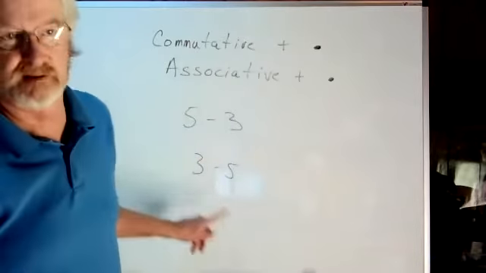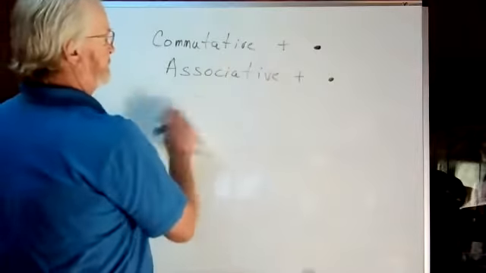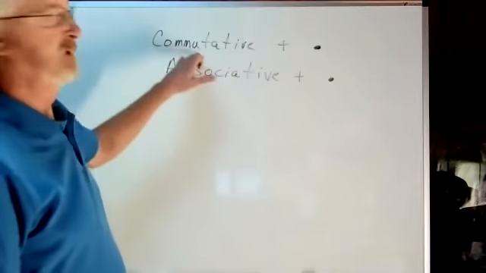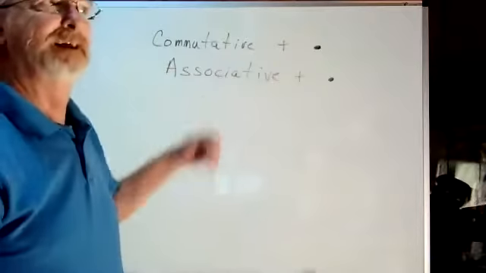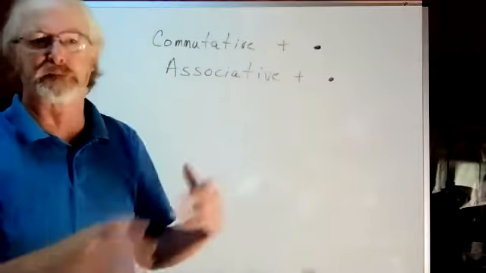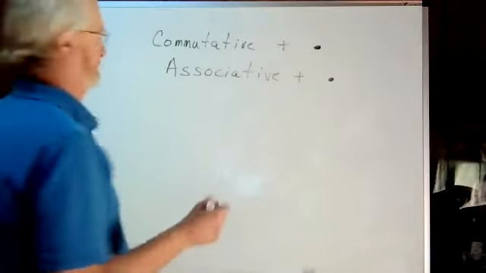That's 2, but that's negative 2. So only these two work for addition and multiplication. Okay, so here's my little helper idea. Commutative, you changed location. Associative, when you associate, you're creating a group. Who do you associate with? Who's your group? All right, so it's the grouping idea.